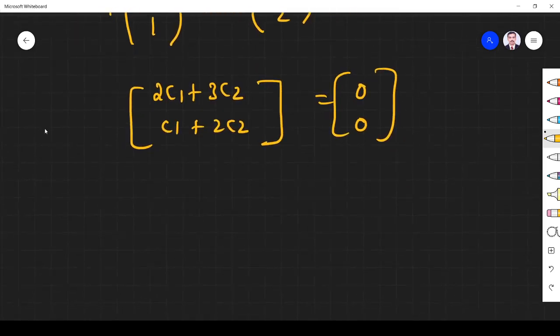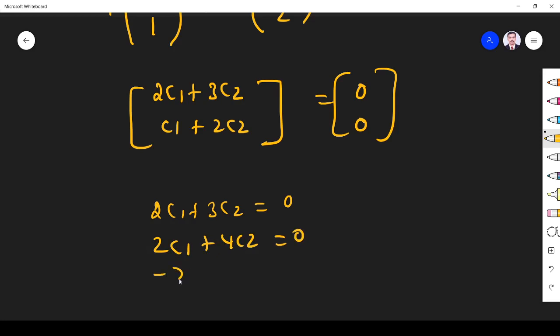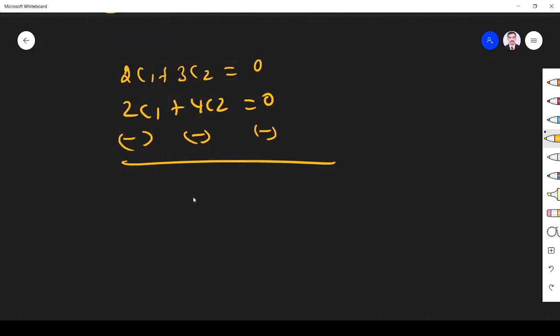Okay, now let us simplify these equations. 2c1 plus 3c2 equal to 0. I multiply the second equation by 2 and subtract. So 2c1 plus 4c2 equal to 0. What will happen? It will give minus c2 equal to 0. So c2 is equal to 0.